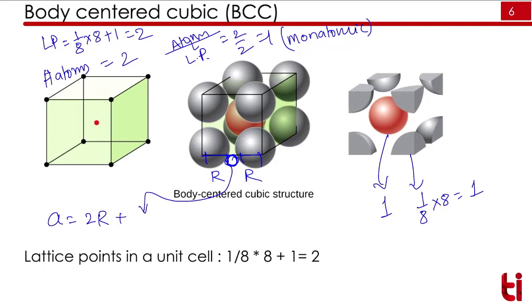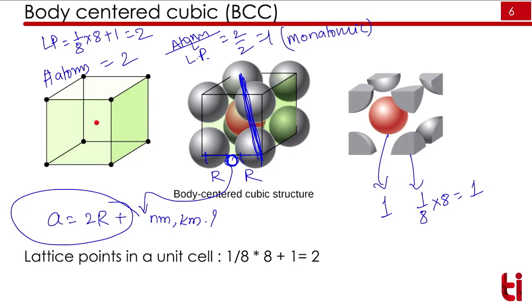But the problem is we don't know how much distance that is, whether it may be in nanometer or kilometer, we don't know about it. So we will not use this relation here, we will find it some other way, and that way is you have to find the atoms touching together, and here they are touching along the body diagonal like this.